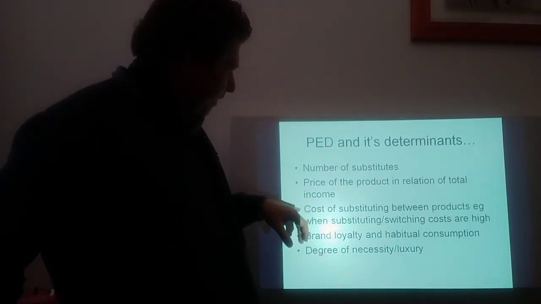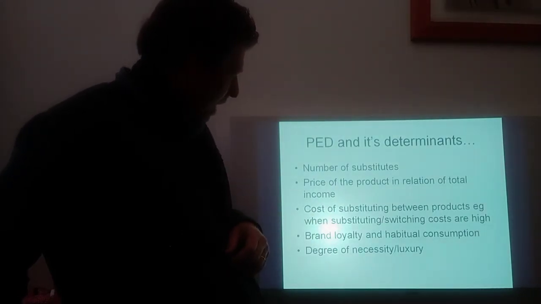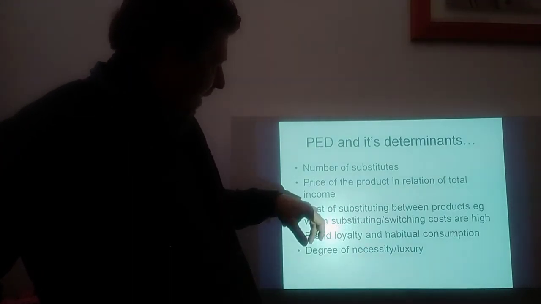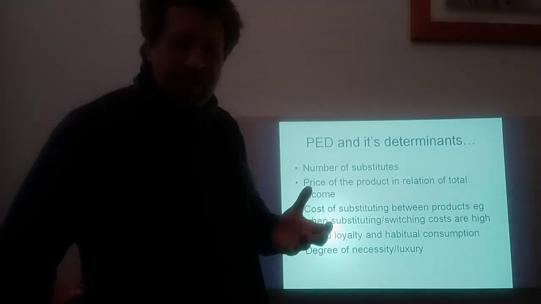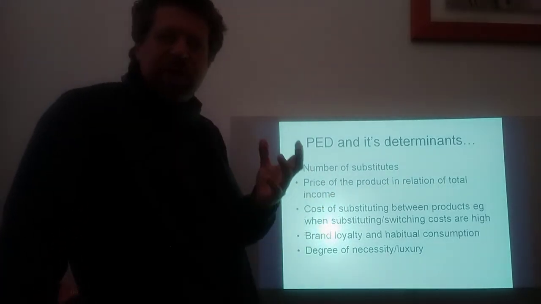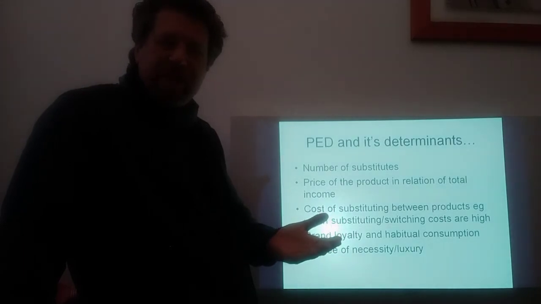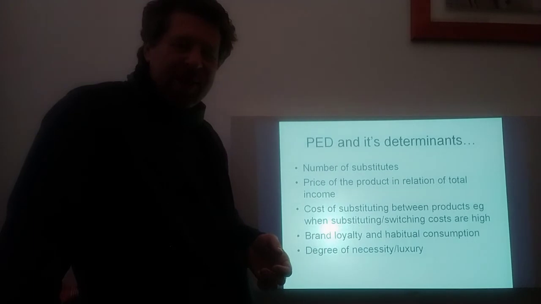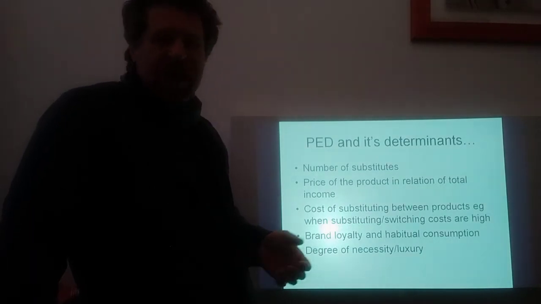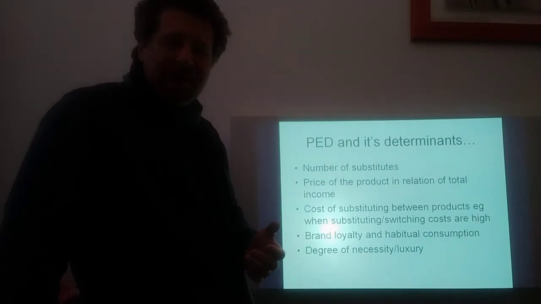Cost of substituting between products. For example, when substituting costs are high, if I go to a gym and I have to pay a membership of €100 and then I pay every month, that would mean to change the gym, I would have to pay another down payment of €100.